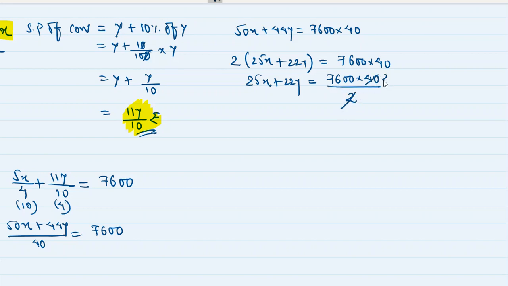This 2 will get cut with this 40, it will become 20. So 25x plus 22y is equal to 76 twos are 152, so this will become 152 and there will be 3 zeros. So 25x plus 22y is equal to 1,52,000. This is equation number 1.